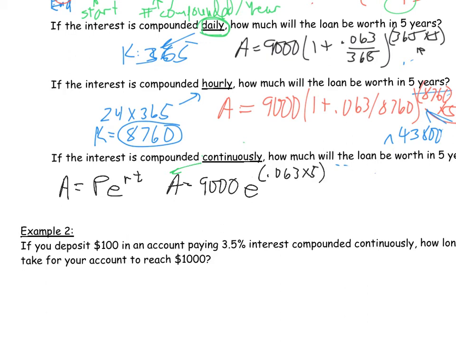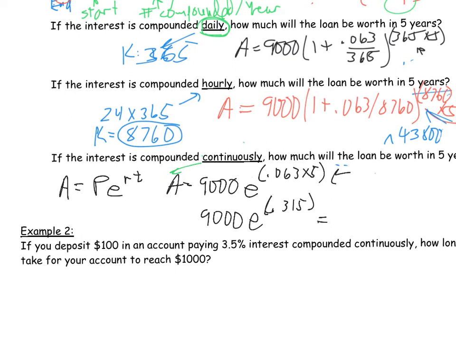Whenever I do these problems, I always multiply this and get one number. So 0.063 times 5, I get 0.315.